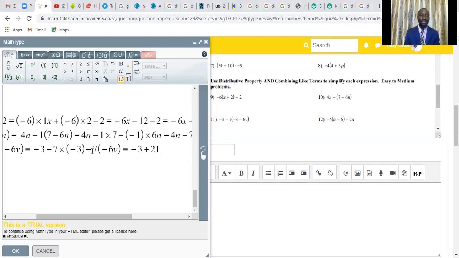Then also we have a minus here and a minus there. So that will also be a plus. But this is going to be a 7 times a 6. And so what is the value of 7 times 6? Well, 7 times 6 will give us the value of 42. And so we can go ahead and put it here as 42 of v.